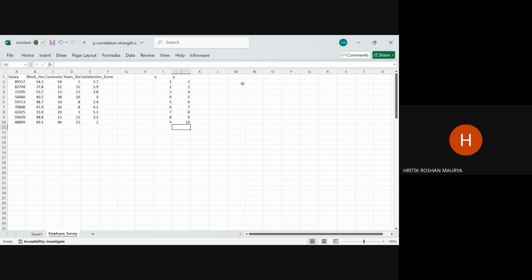You can easily calculate the correlation using the formula CORREL, and here you provide array one, which is the x variable, and this is the y variable.